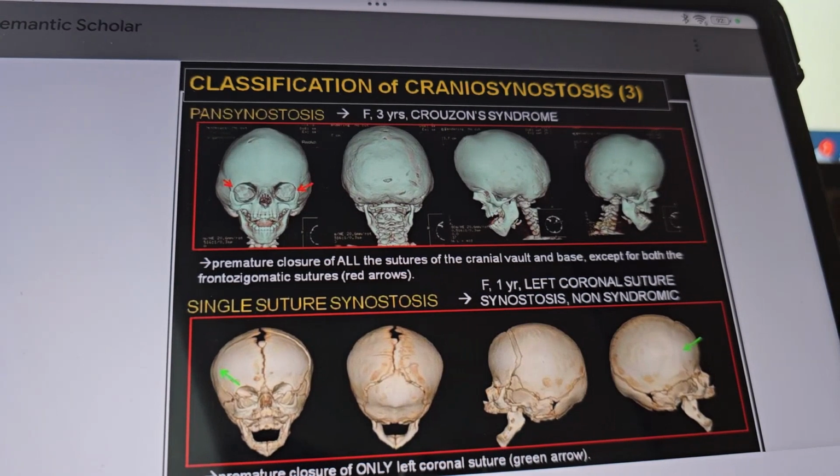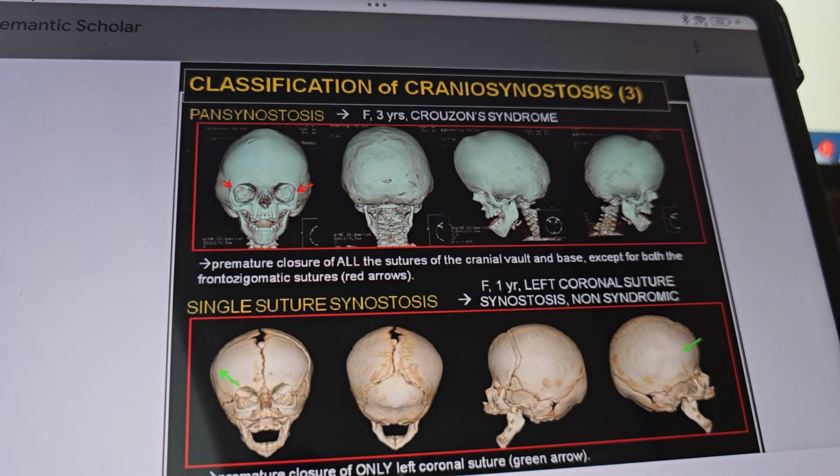Here I want to mention, you can appreciate these are the radiological pictures. This is the classification of the craniosynostosis, or the pansynostosis, and as I mentioned, the CT scan is the most accurate method with 3D reconstruction, where all sutures are accessible, but due to radiation risk, the option requires thoughtful consideration, and the plain X-ray we are using.